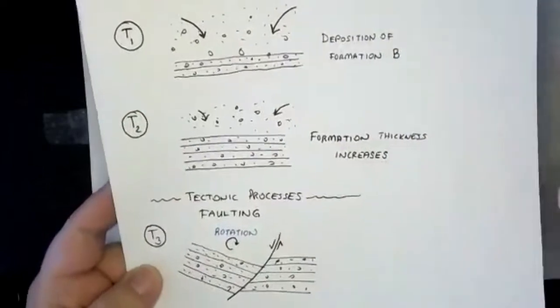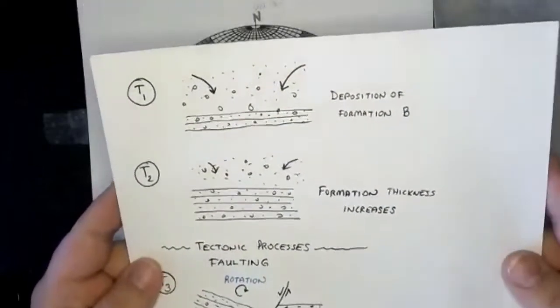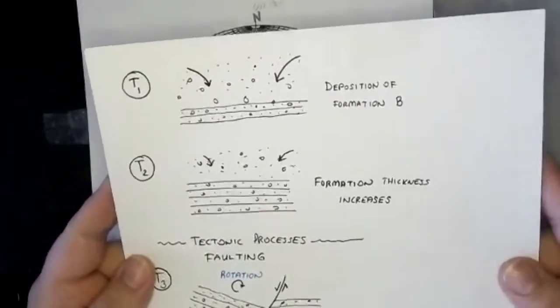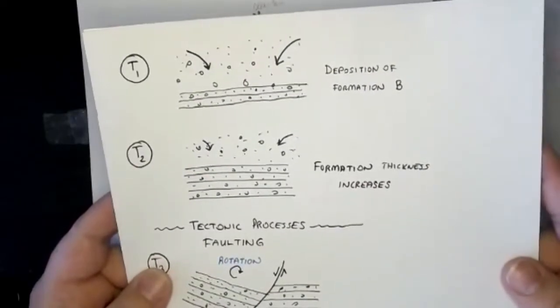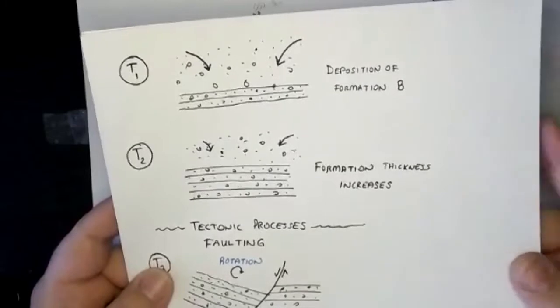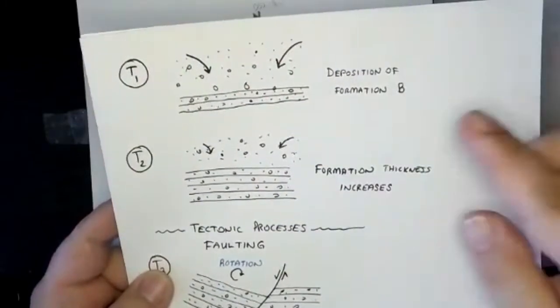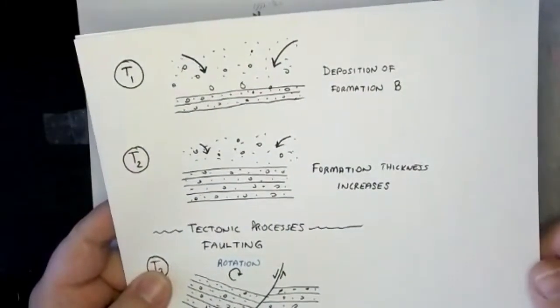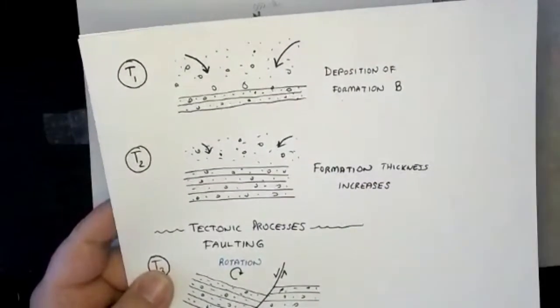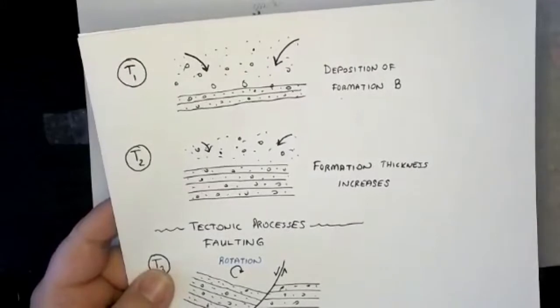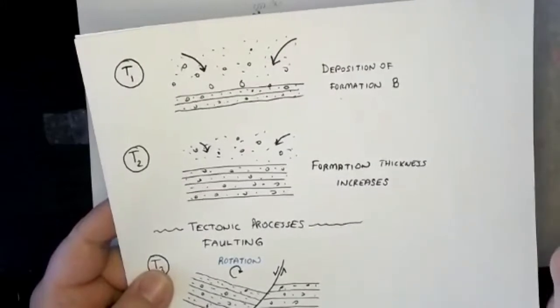So in T1, we have a non-tectonic or non-deformational depositional or sedimentological process, which is the deposition of formation B. A lot of particles, broken rock pieces, rock fragments, fossil fragments, minerals will basically come from air and they will settle down in a basin.